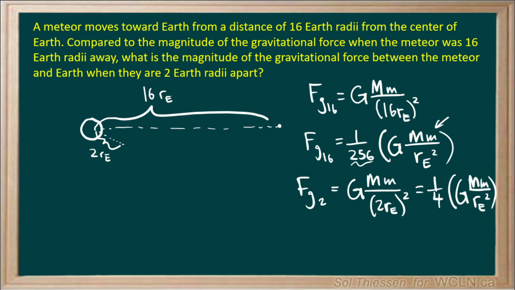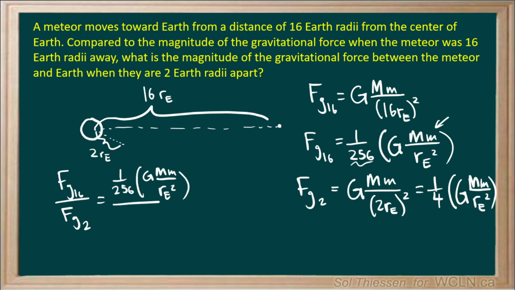So if we take the force of gravity when the two are 16 Earth radii apart and divide by the force of gravity when the two are 2 Earth radii apart, we'll end up with 1 over 256 times GM over the radius of Earth squared divided by 1 over 4 times GM over the radius of Earth squared.